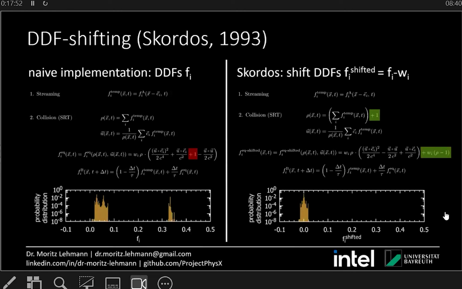Floating point numbers are most accurate if they are not spread all across the number line, but are very confined close to 0. And the modification here is just for the density, you add a 1, and for the equilibrium populations, basically you subtract the lattice weights, but you can modify it, shift it around a bit, so you get this additional term.